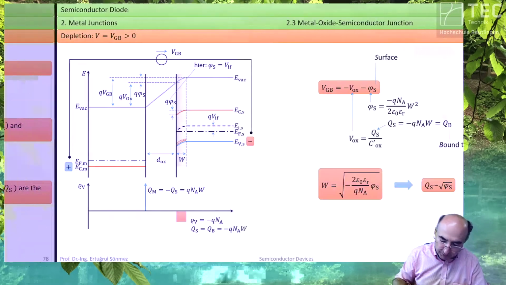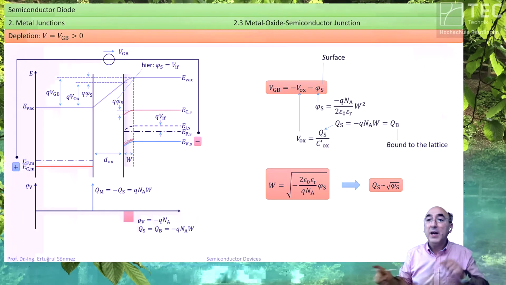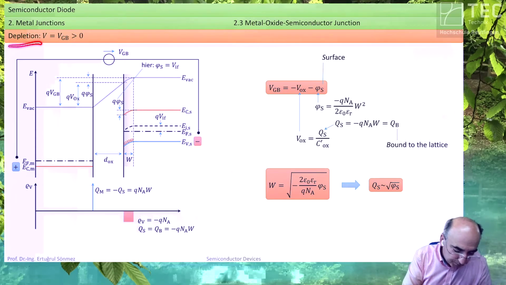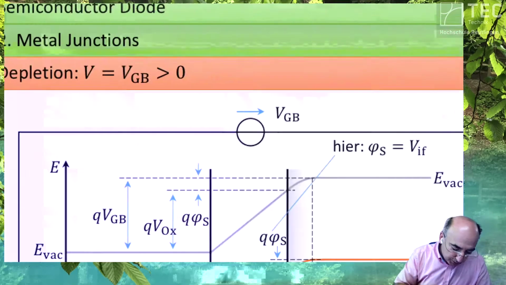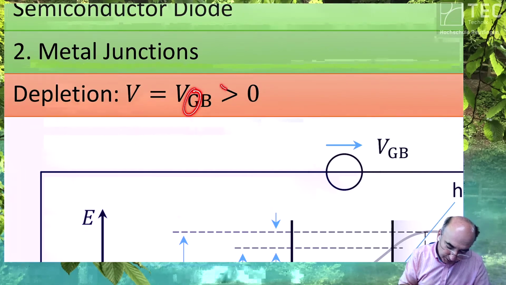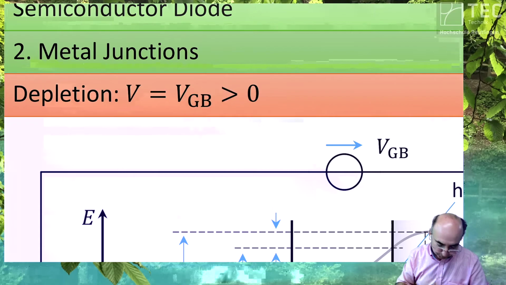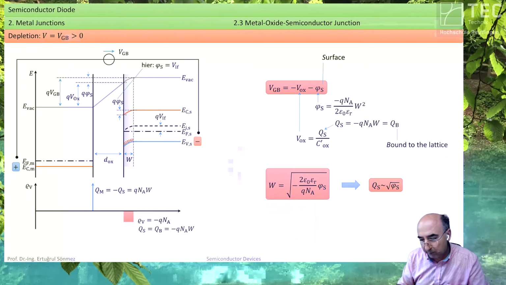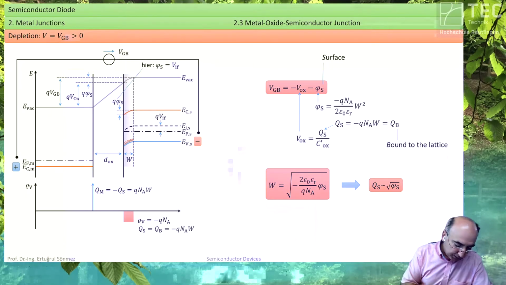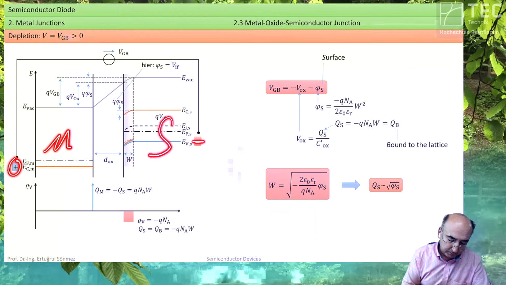Let's continue. Now we are going in the right direction. Depletion mode. Your gate voltage has a larger potential than the bulk potential. So the plus sign is at the metal, the minus sign is at the semiconductor.